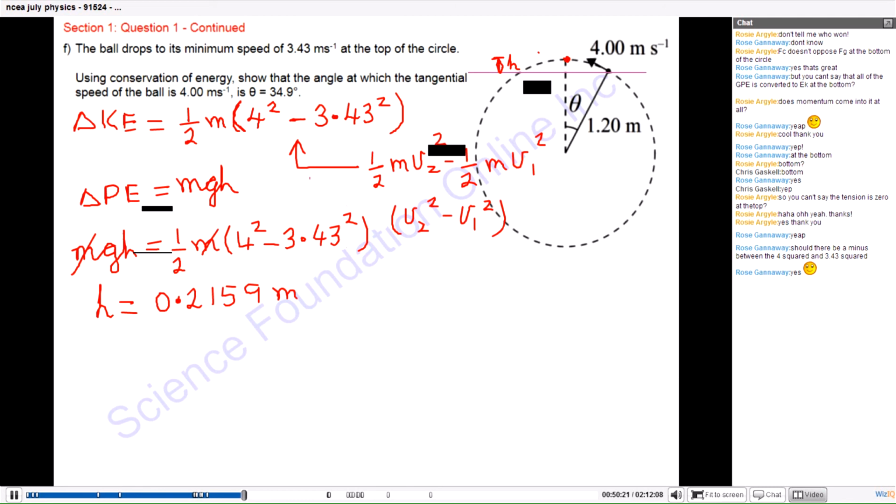I'm going to get this distance D. Let's call it D. That height D is going to be what? 1.20 meters minus this 0.2159.